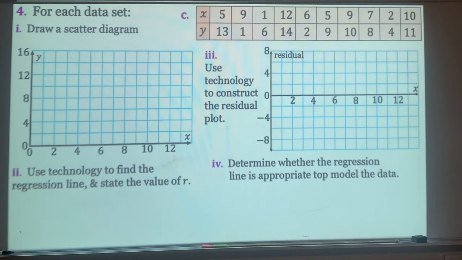4-point C. All right, type some more stuff in. Let's go. Let's finish this lesson strong. Edit. All right. 5, 9, 1, 12, 6, 5, 9, 7, 2, 10.